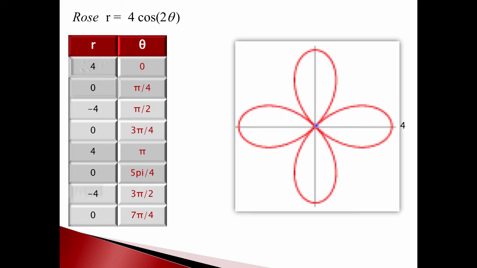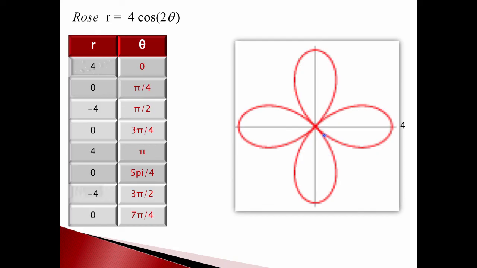What happens next is r goes negative. So actually, instead of drawing things in the first quadrant, I'm going backwards and drawing things in the third quadrant. So what I actually get is this part of the loop, so that when I get to an angle of pi over 2, I'm actually pointing straight down. Then I let my angle keep going, and I go from pi over 2 to 3 pi over 4.